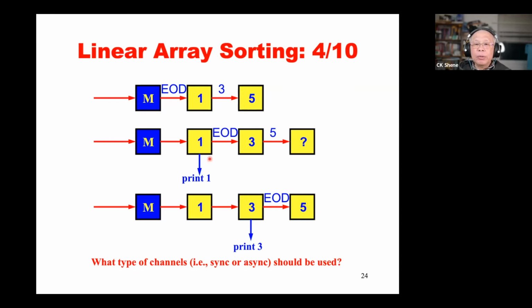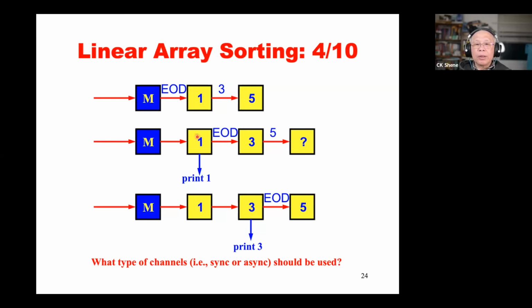Suppose this thread prints out the smallest number, 1, and this thread prints the second smallest number, 3. How can you be so sure that printing 3 would be after printing 1? There's no such guarantee. Therefore, you have to find some way to overcome this issue.